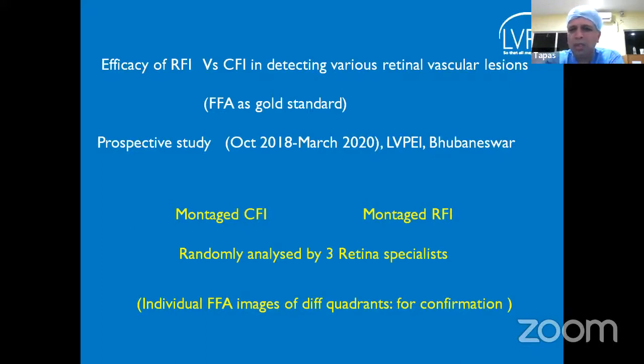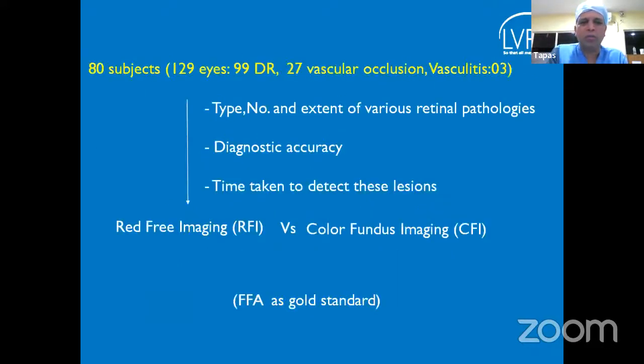At that time we didn't have wide field fundus cameras, so we used montaged color fundus images and montaged red-free images, and the images were distributed to 3 retina specialists. They looked at the images at 3 different points of time, and FFA was taken as the gold standard for confirmation. There were 80 subjects, 129 eyes, with DR followed by vascular occlusion, followed by vasculitis.